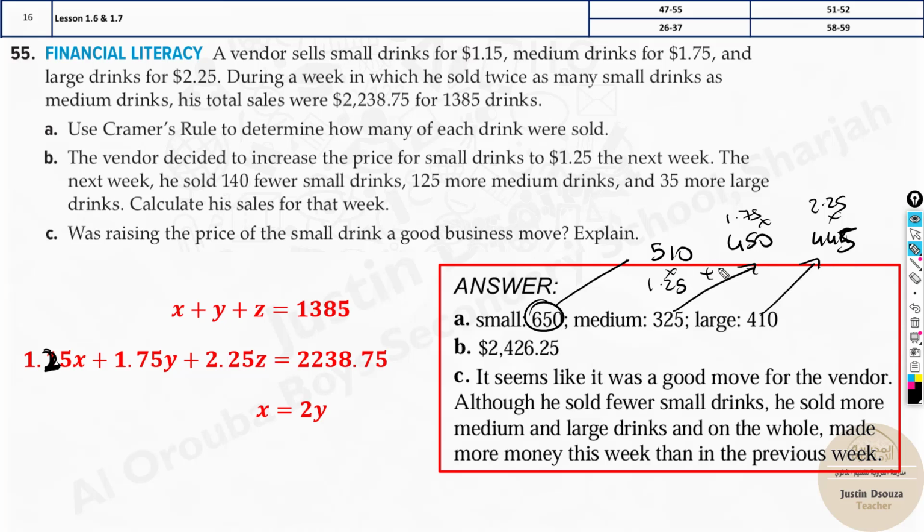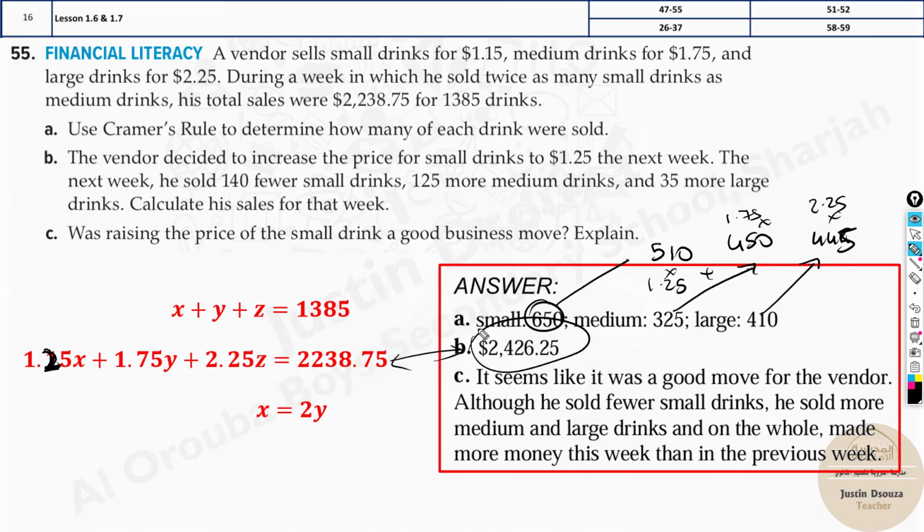So put this properly in the calculator. You can put this as it is, multiply, plus, everything, and then you will get the answer for part B. It will be 2426.25.